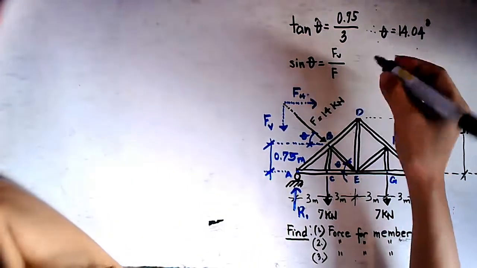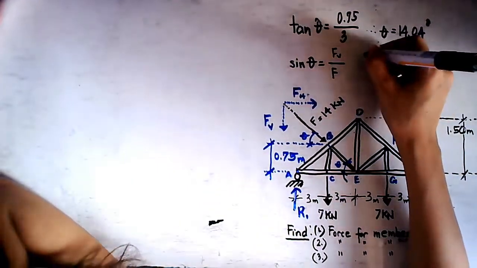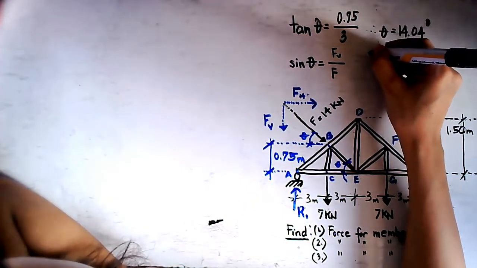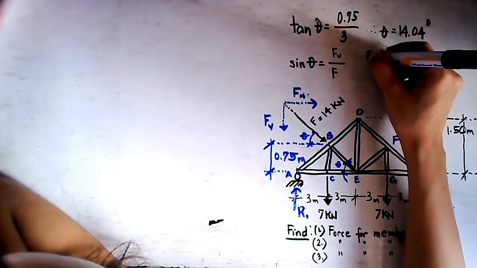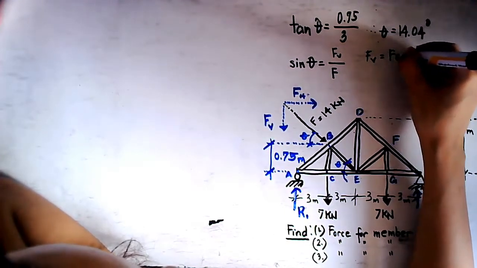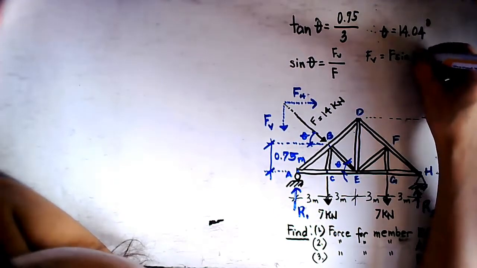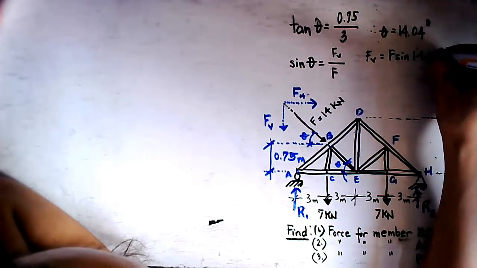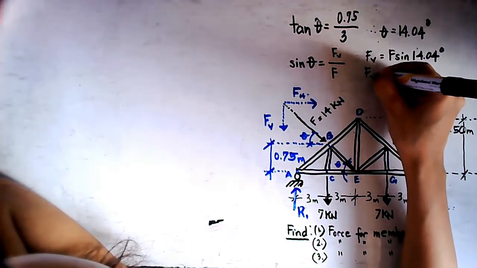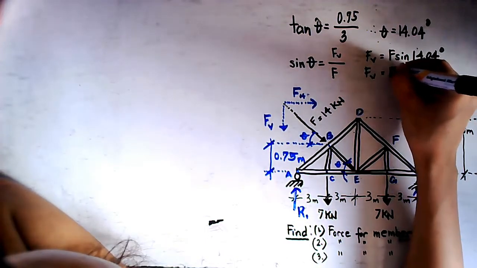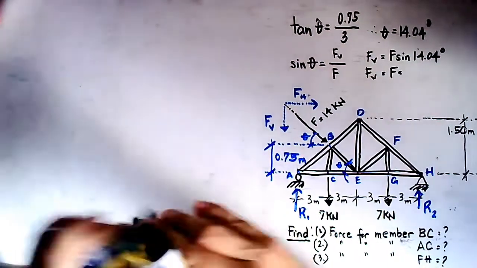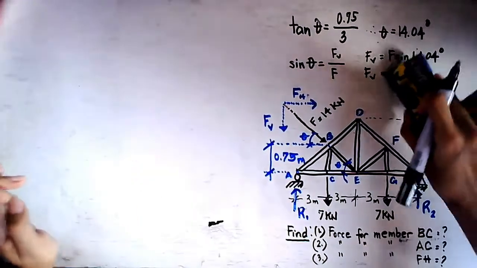So we have now the value for the angle. Take note of that. It would simply mean that F vertical is equal to F times sine of 14.04 degrees, wherein the value for F is 14 kilonewton.